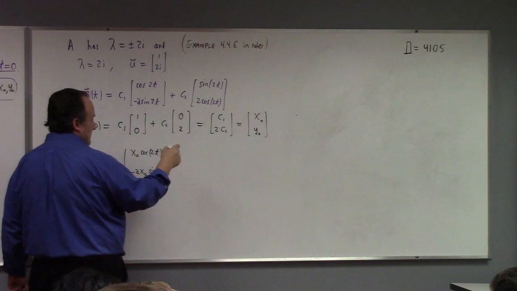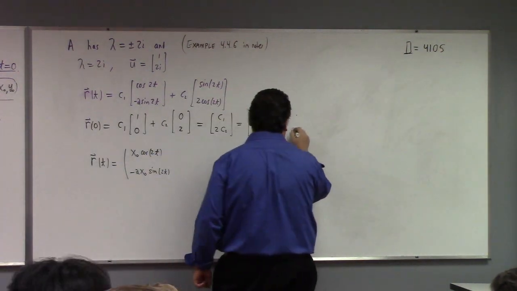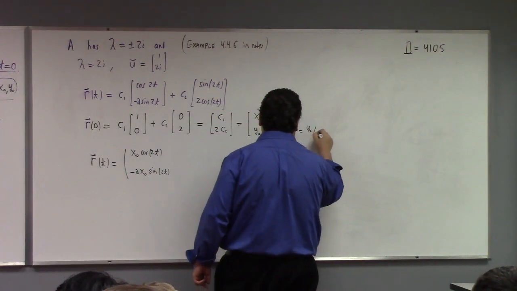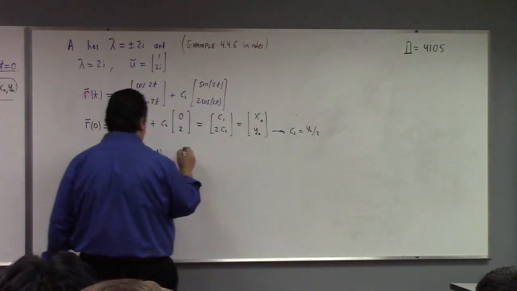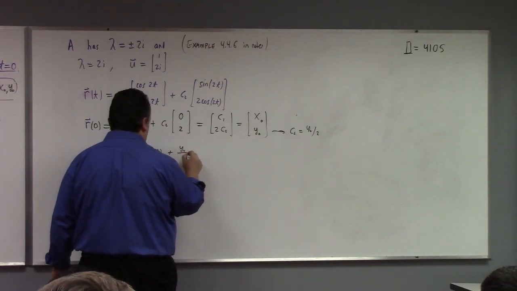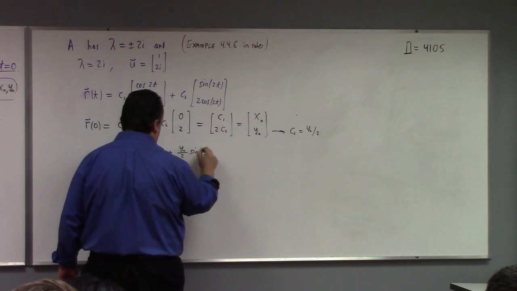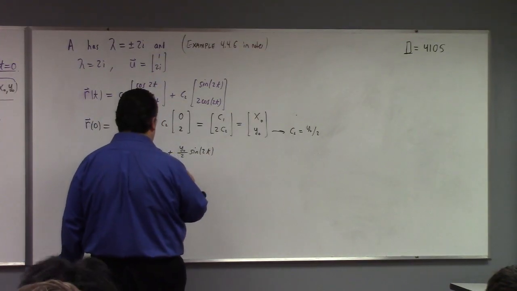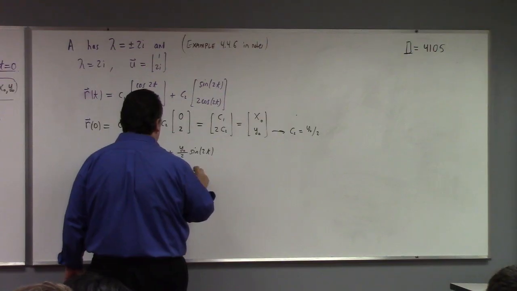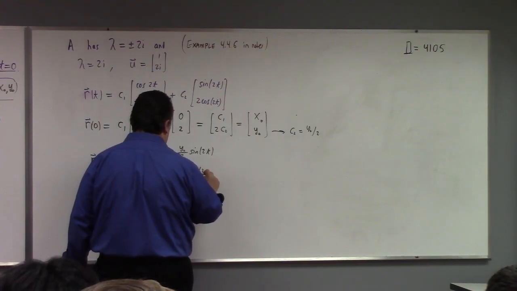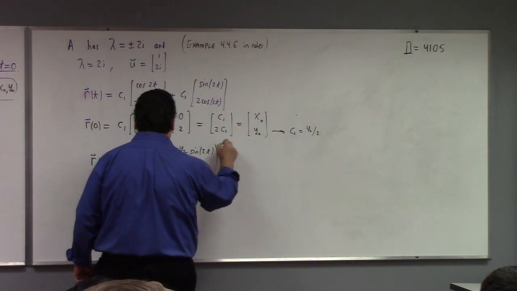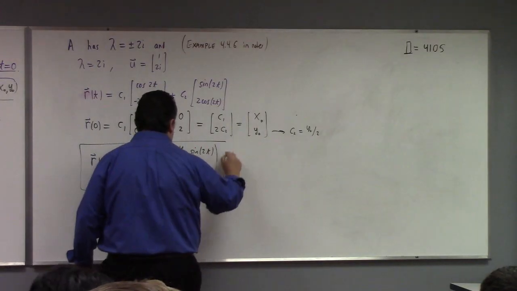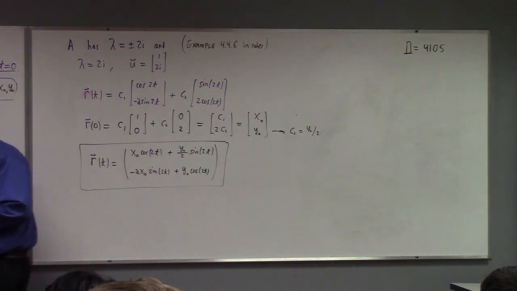And then c2 is y naught over 2, so plus y naught over 2 sine of 2t, and then plus y naught cosine of 2t. And there you go. That, my friends, is the integral curve.